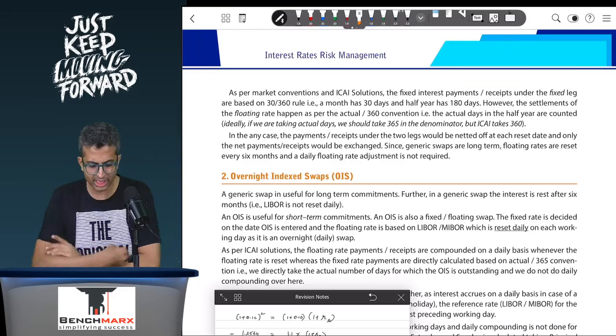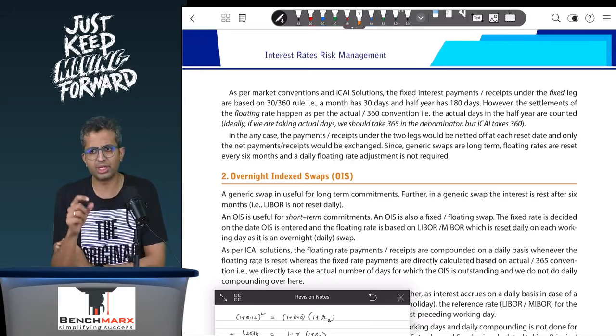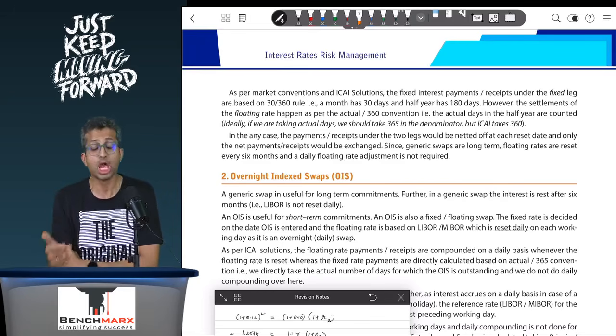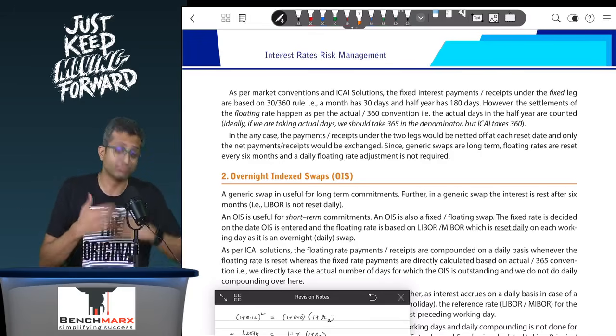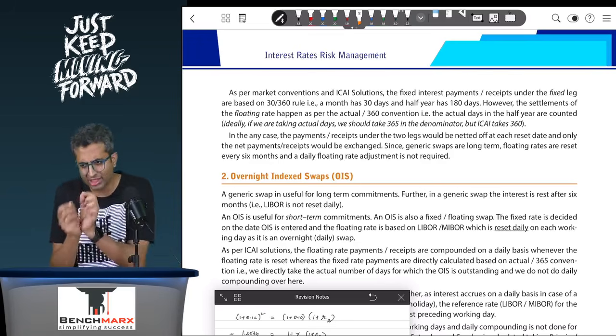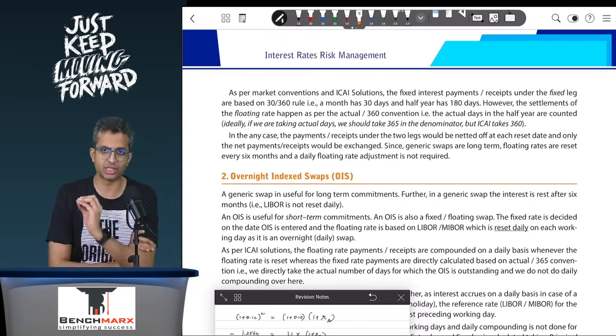Institute usually takes the fixed payments at 30 by 360, that is every month has 30 days and the year has 360 days. Whereas when it looks at the floating rate, that's not very consistent, but it takes actual by 360 convention, where it takes the actual days and then 360 days for the entire year. Nevertheless, that is what the institute has done in the sum that is there.